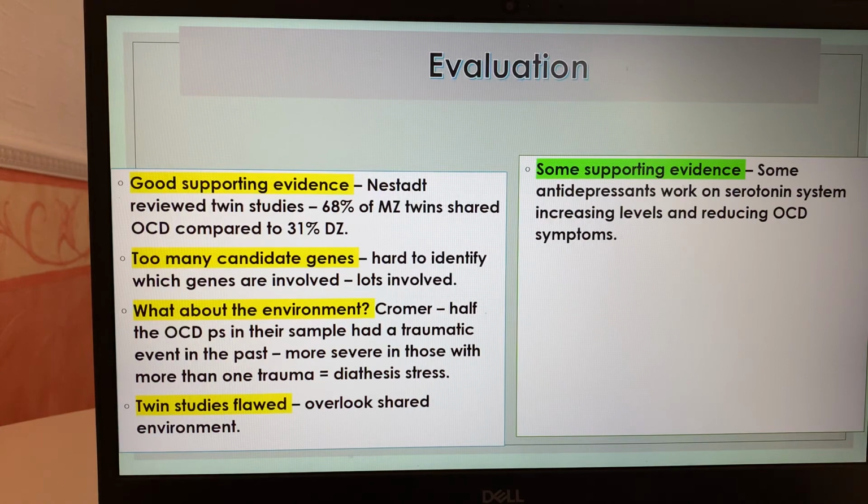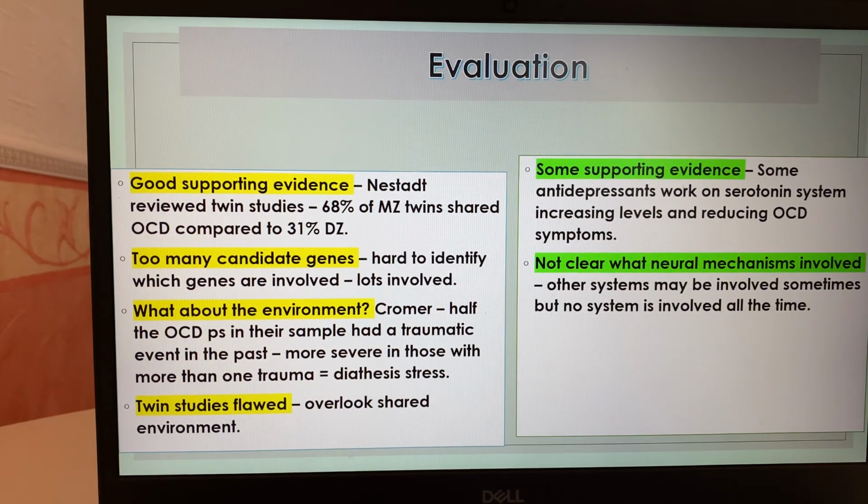With the neural explanation, we have got some supporting evidence. Antidepressants, like we've said, serotonin is involved in depression as well, work on the serotonin system, increasing levels and reducing OCD symptoms. So it shows that the serotonin system is involved in some way. It's giving that some internal validity. But we're not clear on what neural mechanisms are involved.